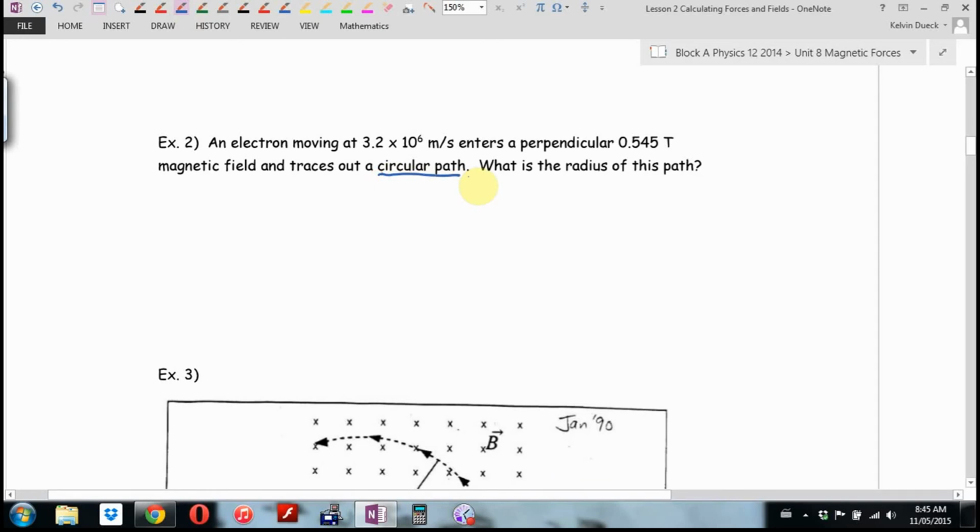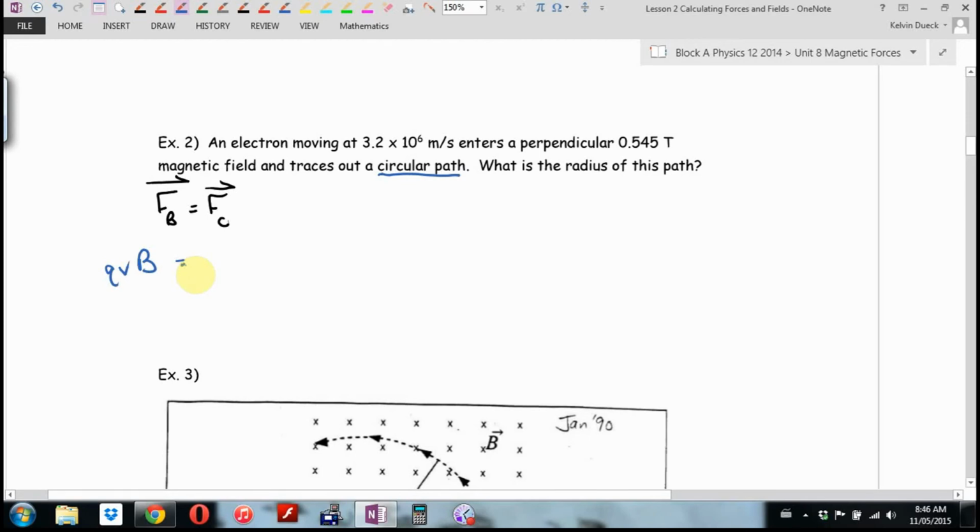What's the radius of this path? Well, magnetism is pushing this in a circle. The magnetic force is what's pushing the electron in a circle. And magnetic force is qvB.